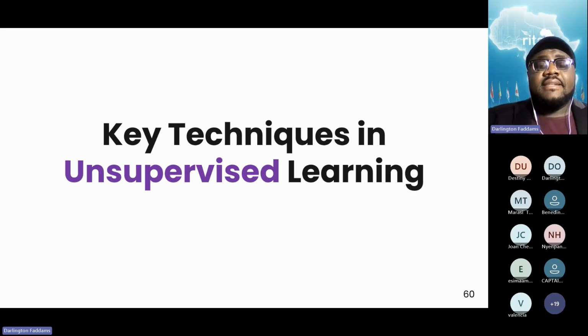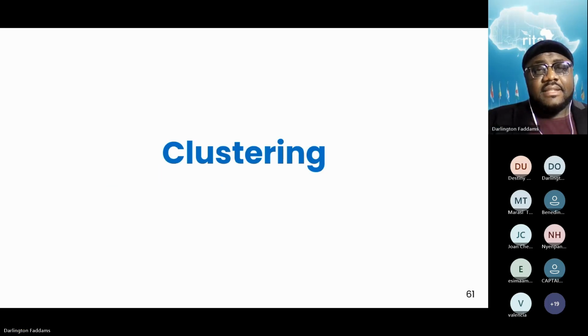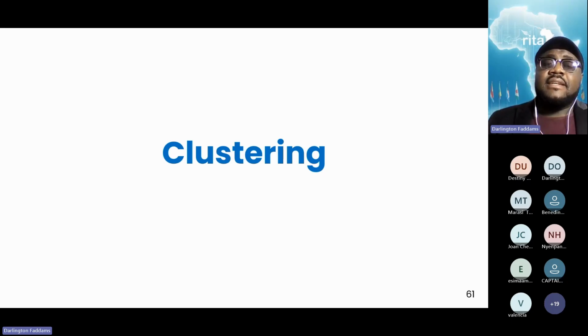All right. Now let's look at some key techniques in unsupervised learning. This word here, clustering, please type it in the chat for me. Clustering. Thank you, Robley. This is one terminology that I want you to take home tonight from the camp of unsupervised learning.